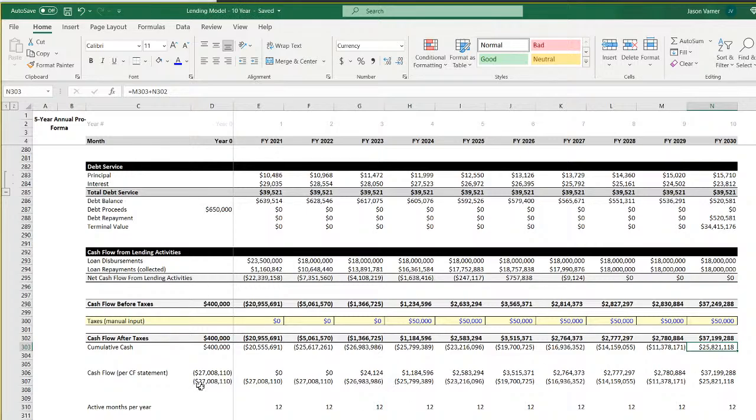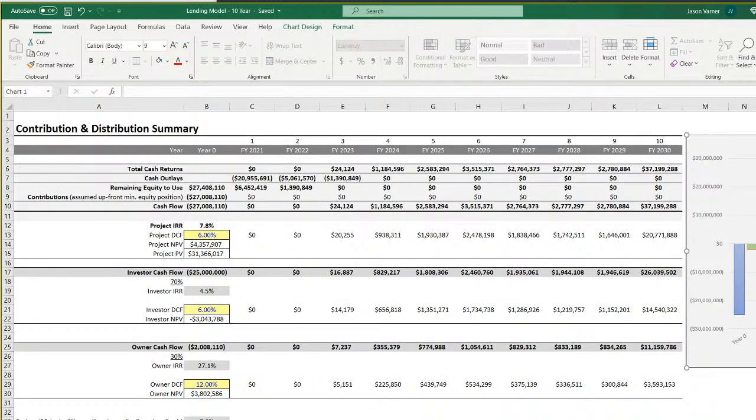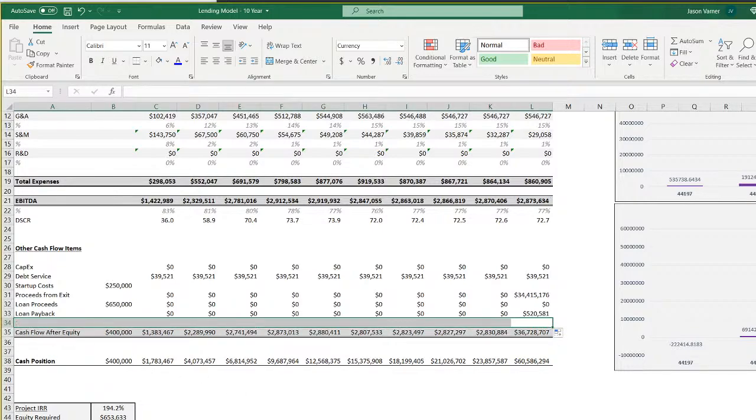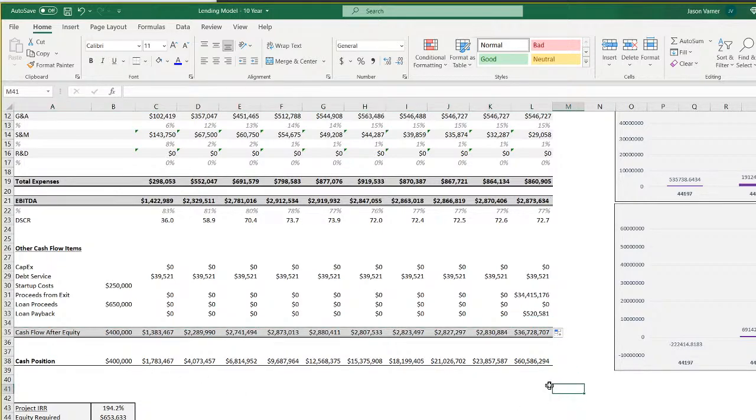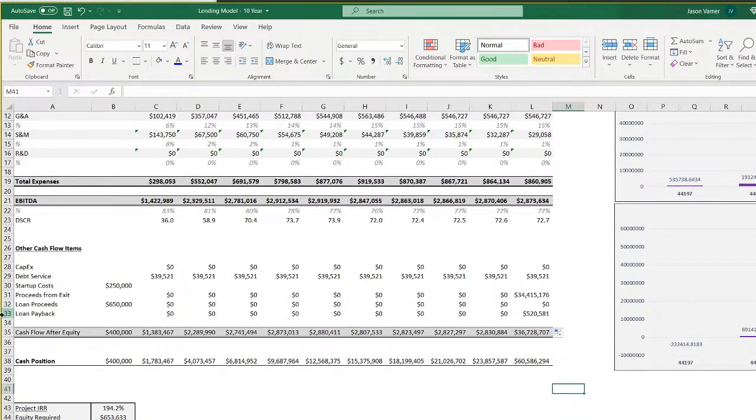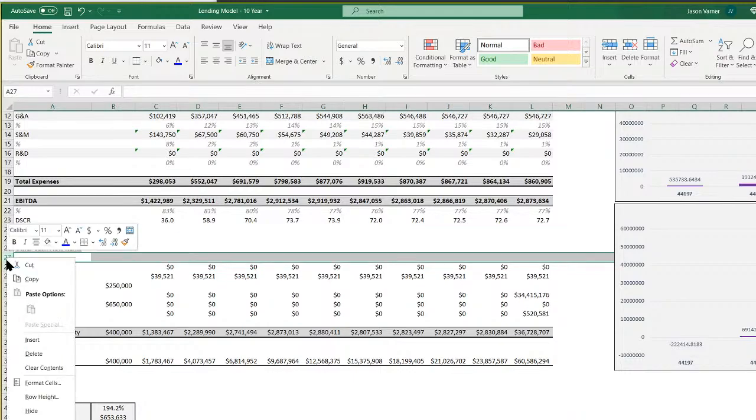So this is before equity. Here on our executive summary, I think we'll remove this. So we just should match our cash flow before equity on that.